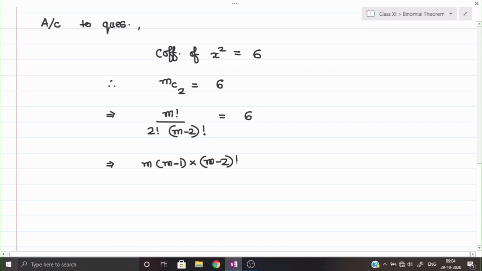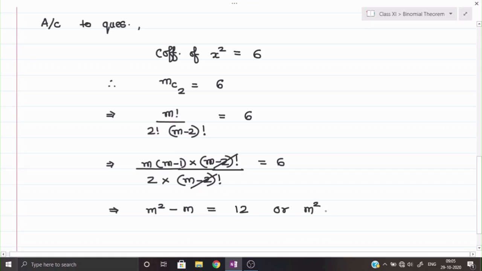Upon it, the value of factorial 2 is equal to 2, into m minus 2 factorial, is equal to 6. Now m minus 2 factorial and m minus 2 factorial we can cancel. This will remain m square minus m, and 2 I have transferred there, multiplied with 6. So we got the quadratic equation m square minus m minus 12 is equal to 0.